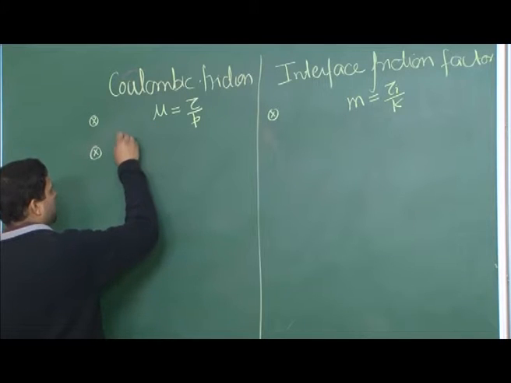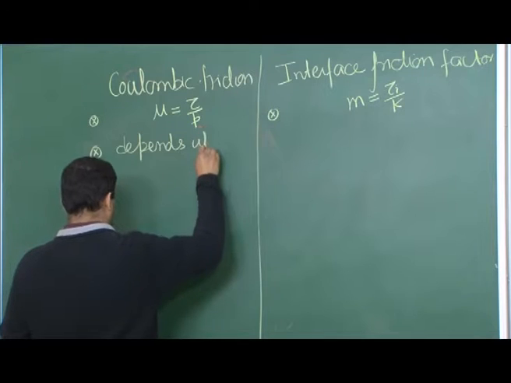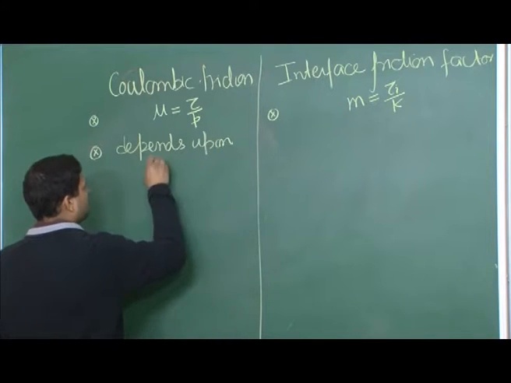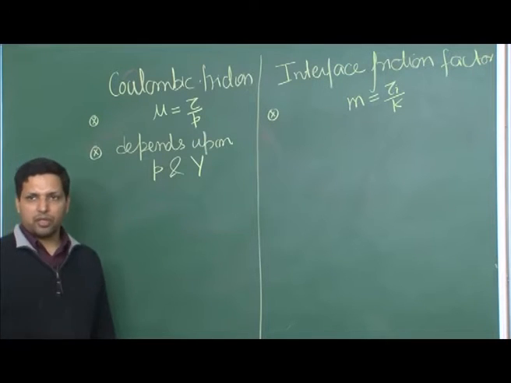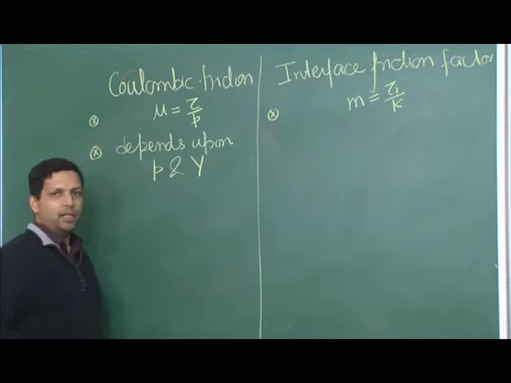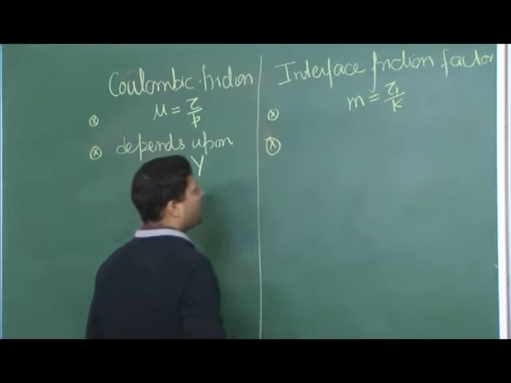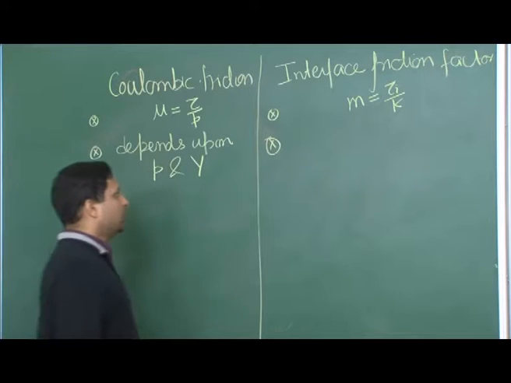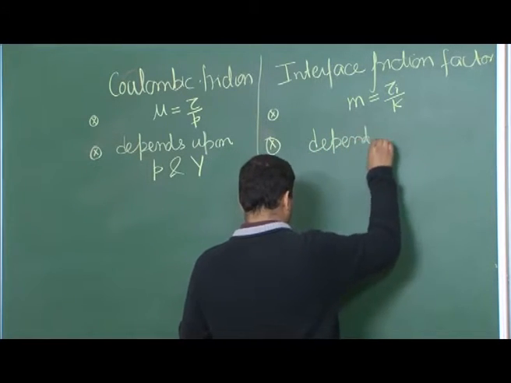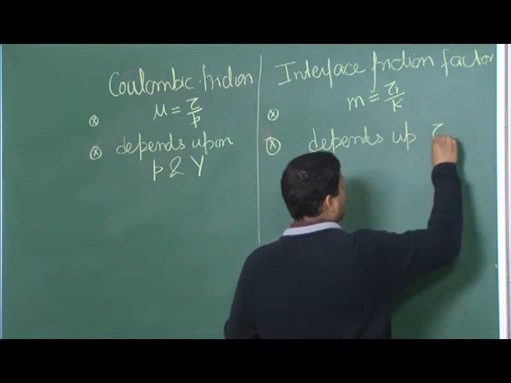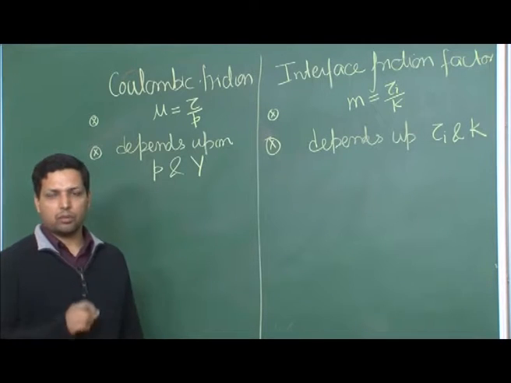In general, mu depends upon P and Y. P is the normal pressure that you are applying, and Y is the yield strength of the material. On the other hand, when we are talking about interface friction factor, then this depends upon tau I and K, not on the normal stress.